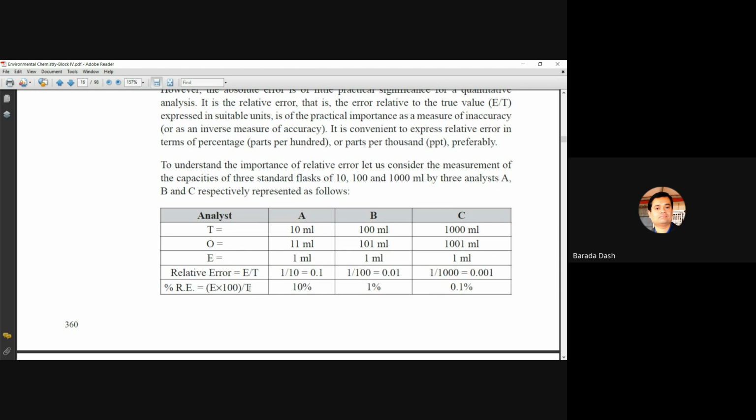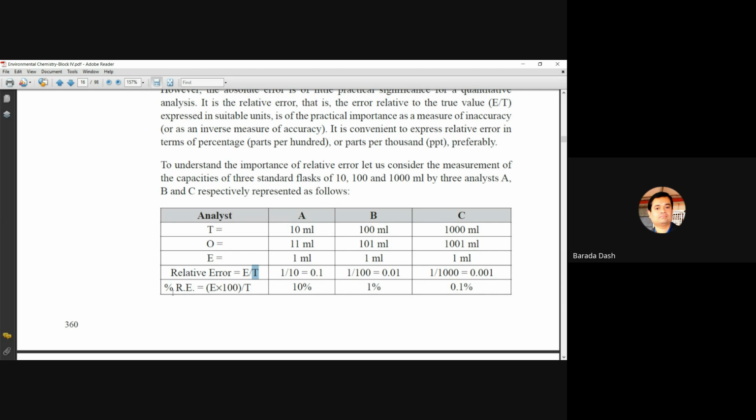So relative error, E by T, is 1 by 10, equal to 0.1, where 10 ml is the true value. Here also 1 ml, and 1 by 100 equals 0.01, which is the relative error. E by T, E is the error divided by T, the true value. Here you have 1 by 1000, which is 0.001, the relative error.